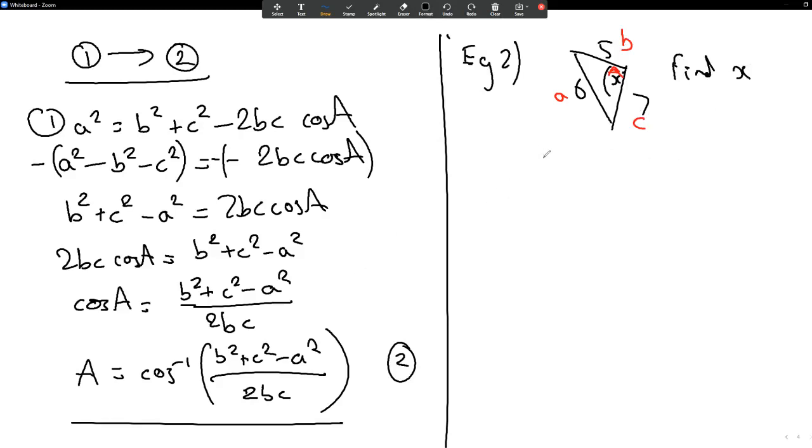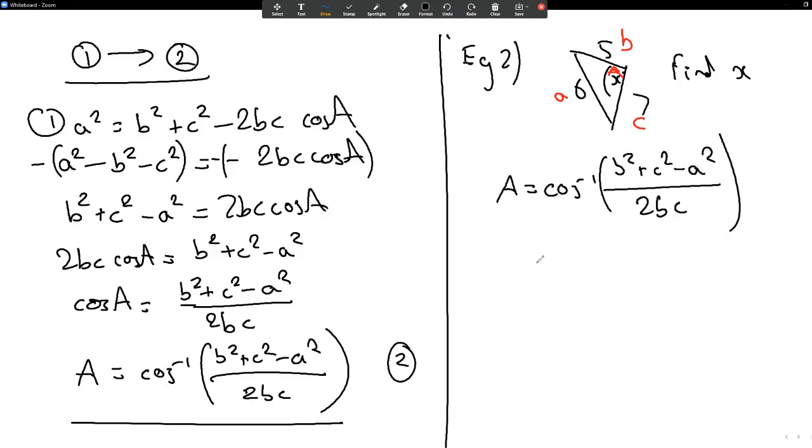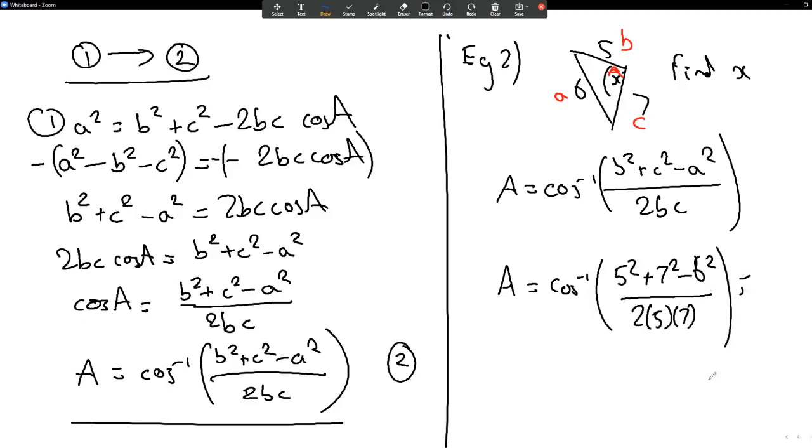So now let's write down our formula, like that. Okay, and now let's just put in our values. So we get 5 squared plus 7 squared minus 6 squared over 2 times 5 times 7, like that.